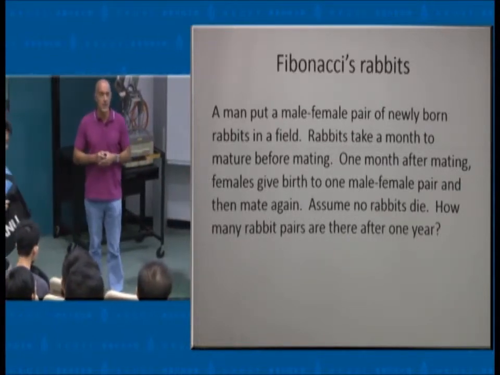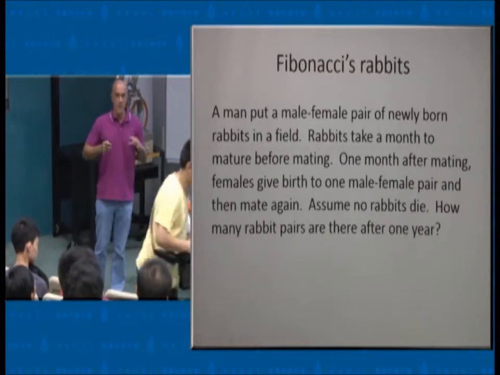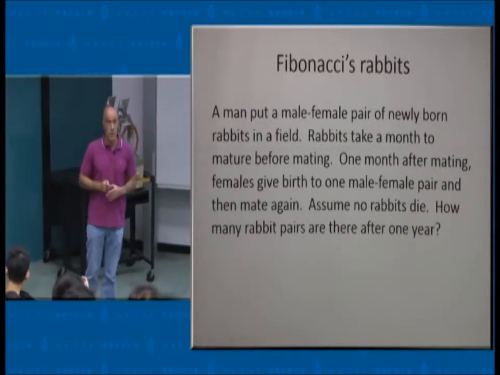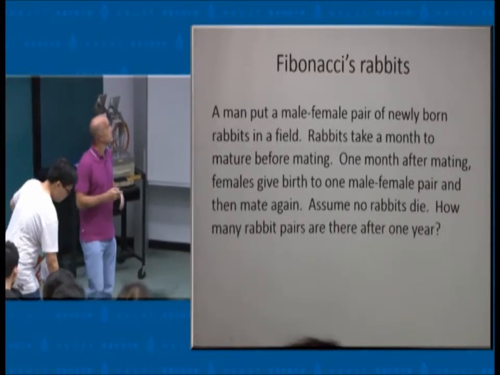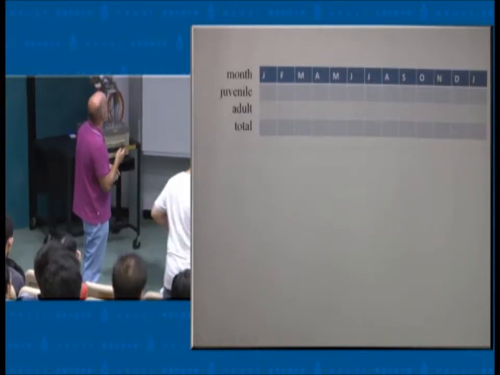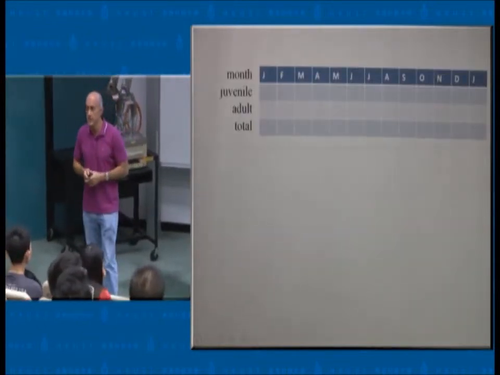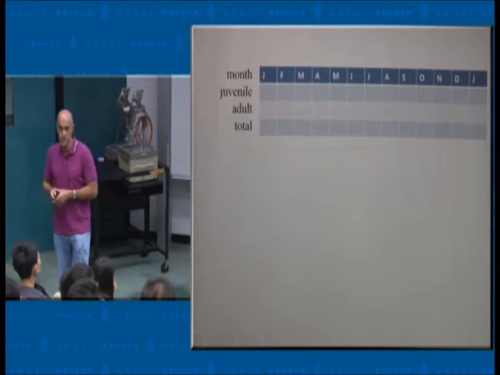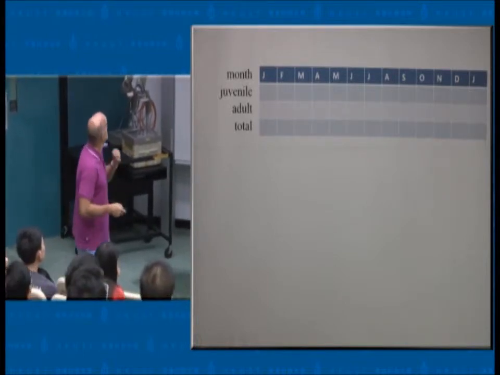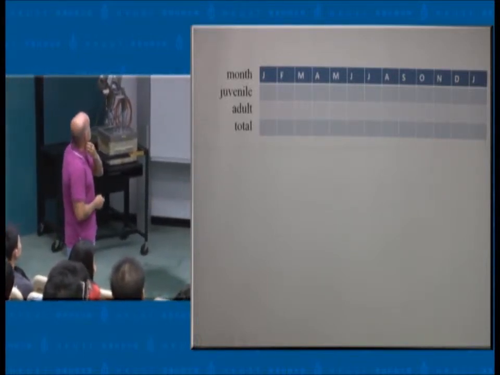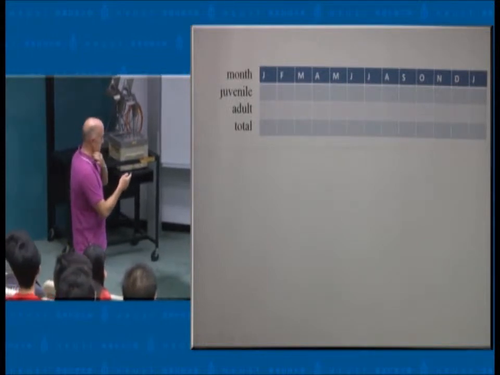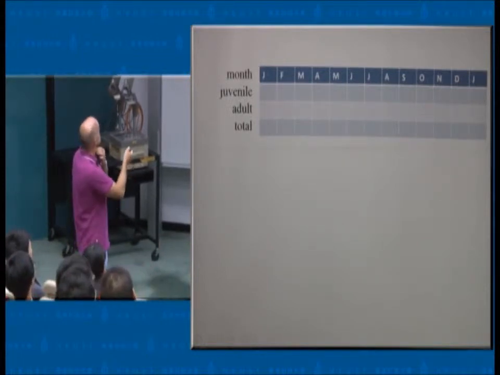Okay, so that's the famous Fibonacci rabbit problem. Okay? So let's set up a solution. So I'll do it through a table. So the top row of the table is the month. Right?